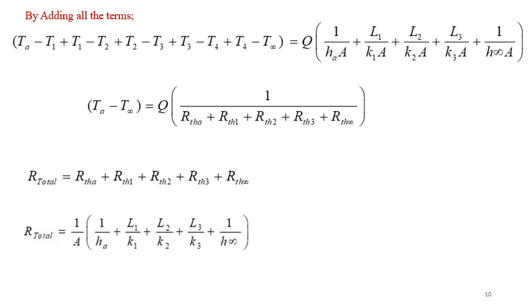Therefore, R total is equal to 1 by A into (1 by h A plus L1 by K1 plus L2 by K2 plus L3 by K3 plus 1 by h infinity).